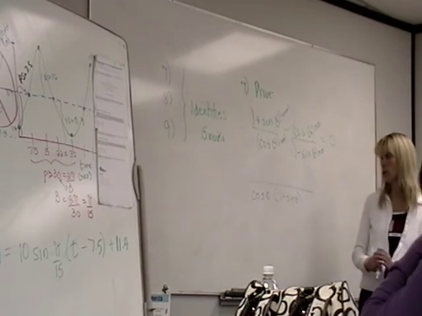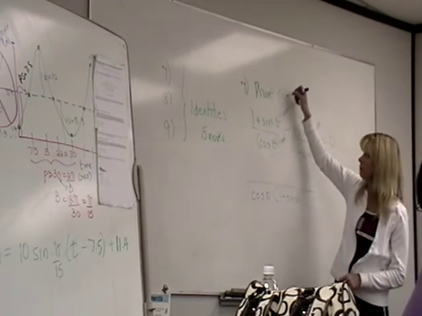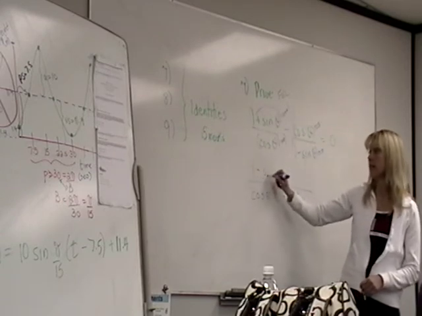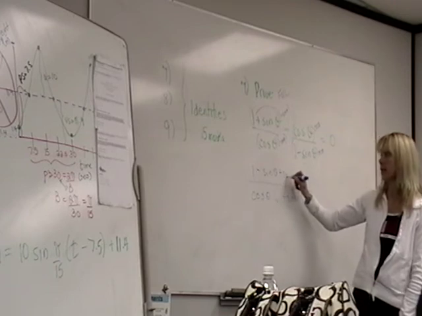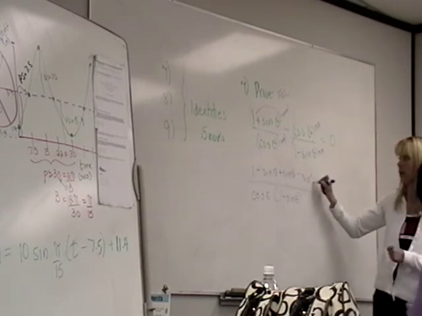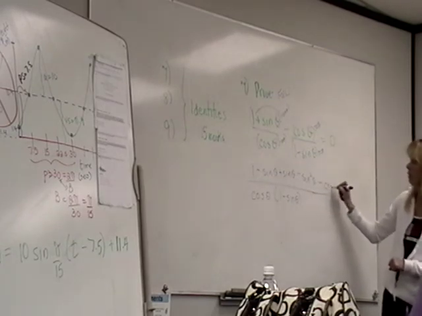So the bottom is just cosine times 1 minus sine. On the top then, I'm going to use FOIL. So 1 times 1 is 1. Outside will be negative sine theta. Inside will be positive sine theta. And the last will be negative sine times sine, which is sine squared, then minus cos times cos is cos squared.